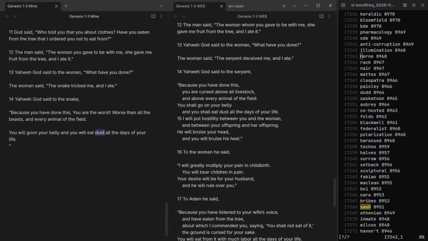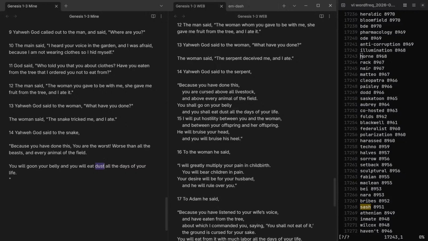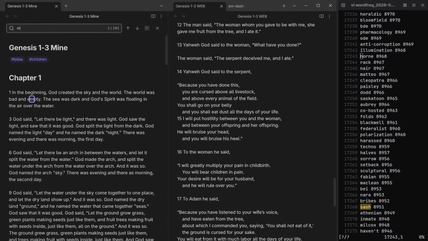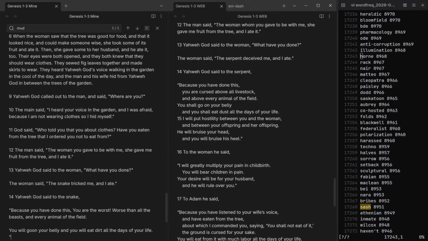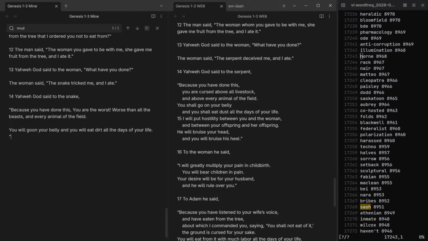Eat dust. What did I say before instead of dust? I'll just say dirt. I don't want to say mud because it isn't wet. And back where I use the word mud, I could just as easily say dirt. Mud makes more sense though, and if you're being honest, you can shape mud.